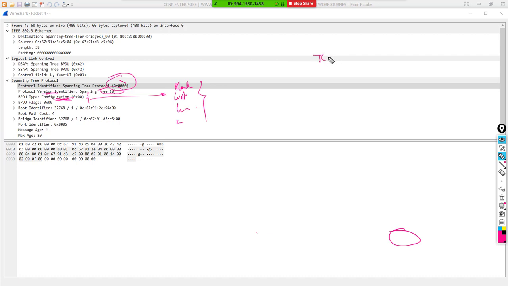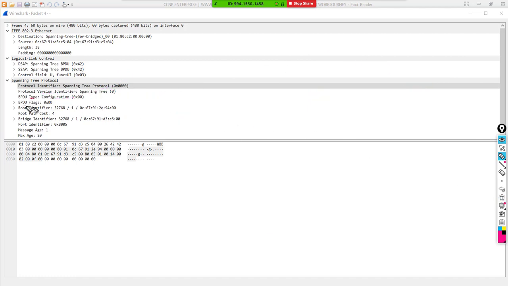When does the topology change BPDU come in? It comes later on, when everything is set up and one switch has been added or taken down. Then a topology change notification is sent saying that switch 3 has been taken down, and the network has to reconverge or recalculate the root bridge, root port, etc.